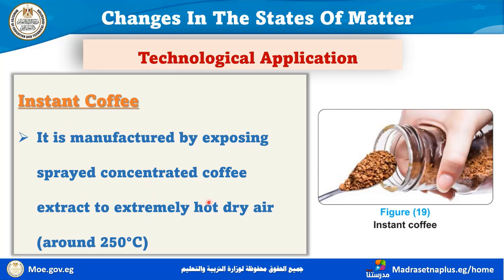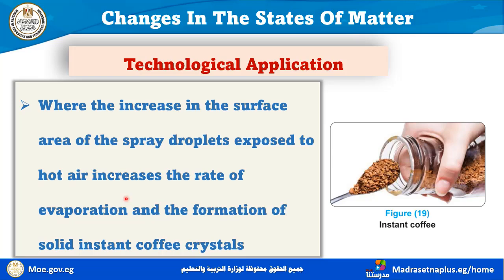We dry the coffee and put it in hot dry air, where the increase in the surface area of the spray droplets exposed to hot air increases the rate of evaporation and the formation of the solid instant coffee crystals that we buy from the market and use as a drink in our daily life.